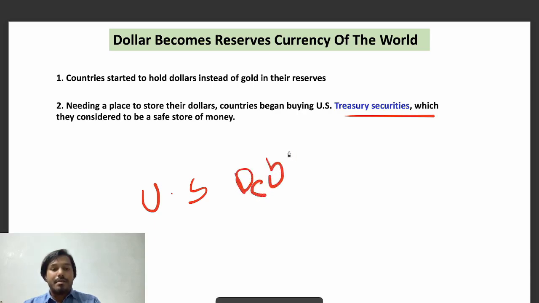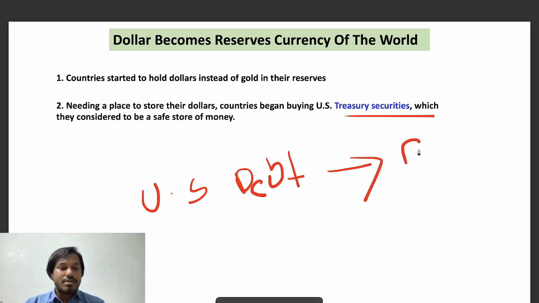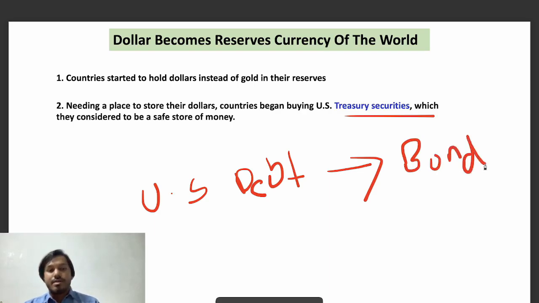Debt basically means they borrow money from the public, from institutions, from countries, to run their country. So how does America do this? Basically, they issue bonds which they call treasury securities.